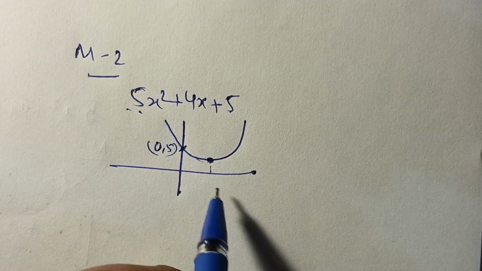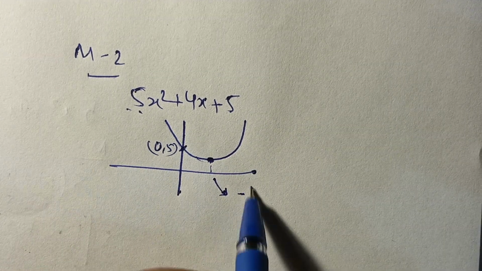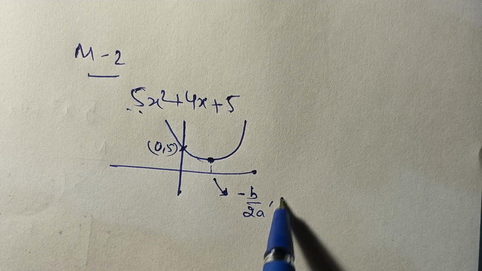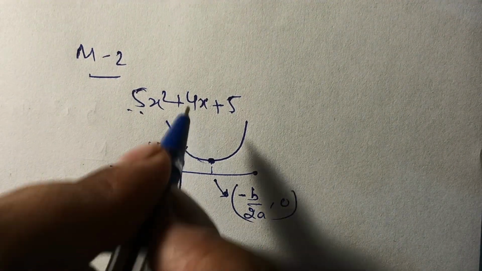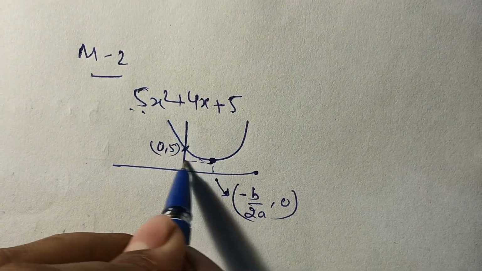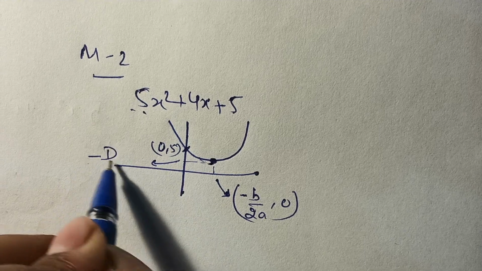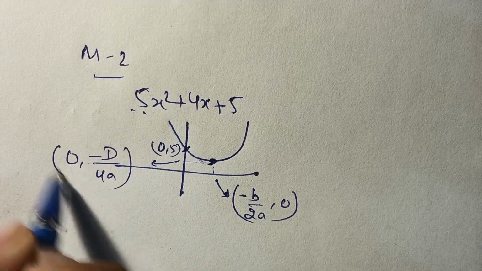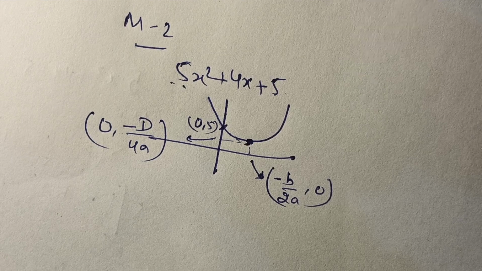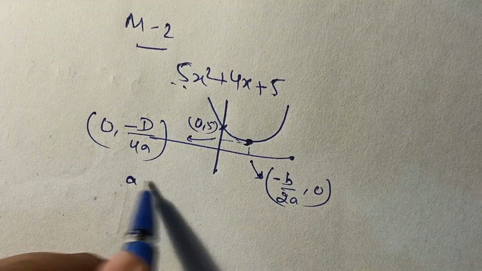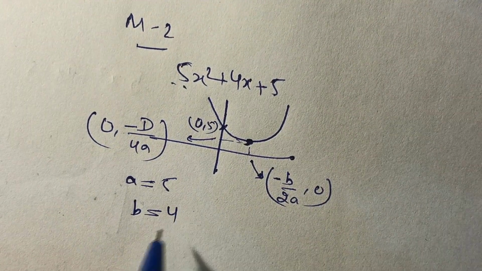The vertex is at minus b by 2a comma minus d by 4a. So we can substitute a equal to 5, b equal to 4, and c equal to 5.